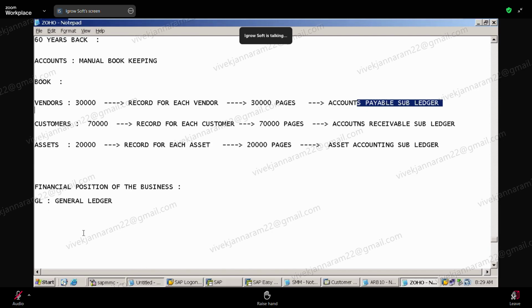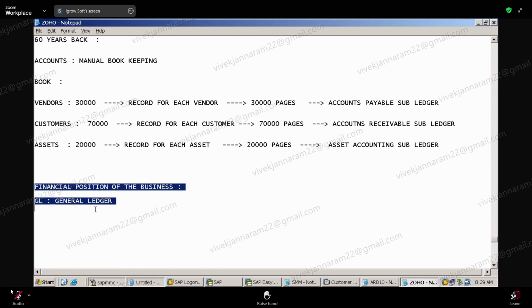Then we will have the total picture. Correct? So total financial position, where I can see it is in the general ledger. Is that clear? So if I want vendors, where I will see? Accounts payable. Customers, where I will see? Accounts receivable. Assets, where I will see? Asset accounting. But if I want a total picture of the business, general ledger. So that is why we have a requirement of general ledger also.